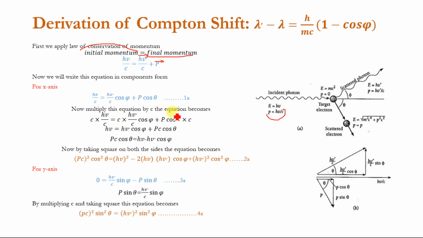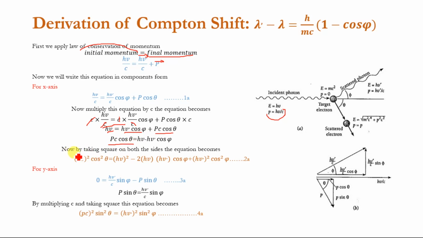Now multiply this equation by c, then the c cancels, while p becomes pc. So hν is equal to hν' cos φ plus pc cos θ. Now transferring this term to this side, the pc cos θ term becomes equal to hν minus hν' cos φ. So we get this equation.